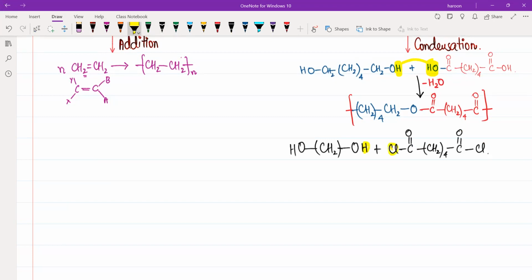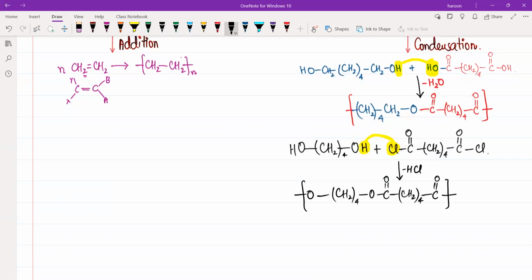H from this side and Cl from this side. Okay? So in this case, what will we get? We'll get a small HCl molecule. And we will get this polymer like CH2. Okay, so we'll get the long chains here.